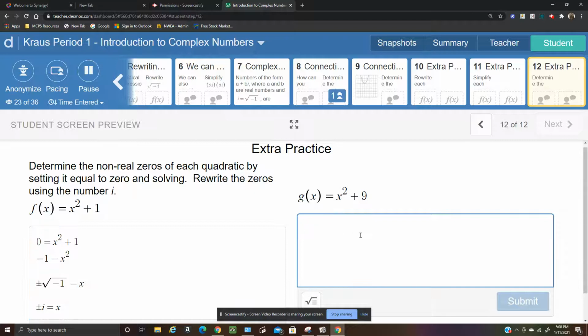And then here's 0 equals x squared plus 9. Subtract 9 from both sides. Square root of both sides.